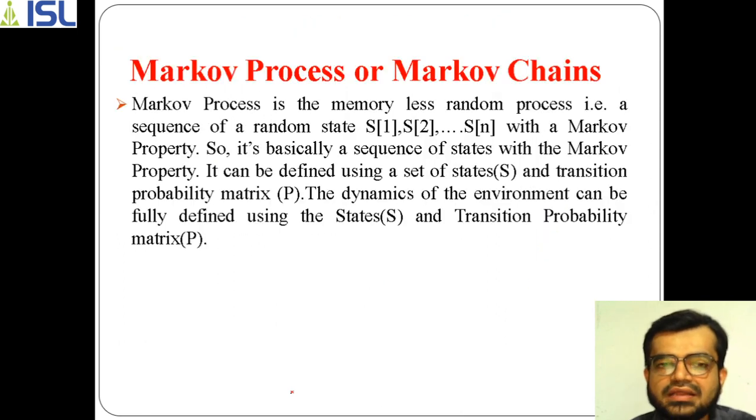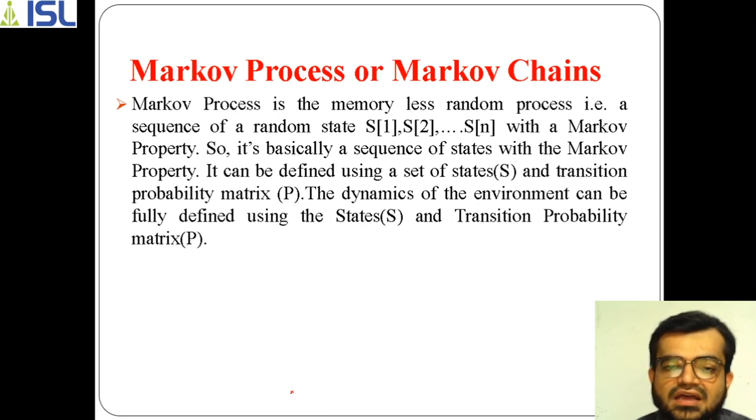Now next is about the Markov process or Markov chains. Markov process means a memoryless random process. Memoryless random process means the states in which it is moving from one state to another are not in sequential order. The states are random.